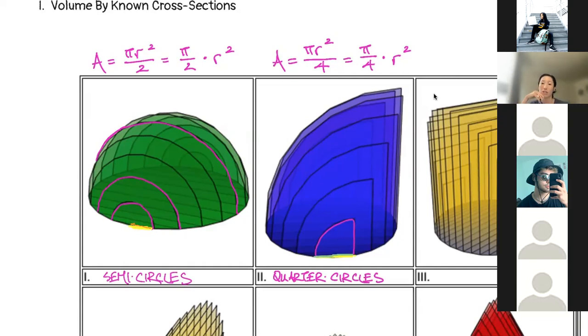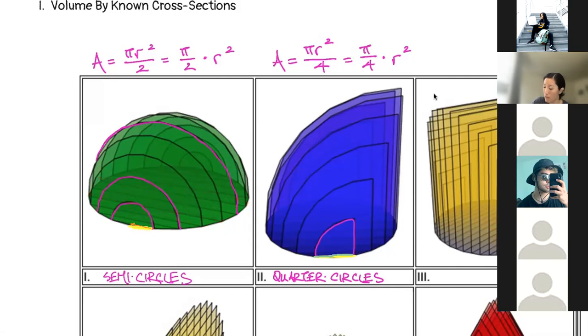So in the quarter circle. Now, in the first one, the green one, does this radius go all the way across the base? Like this radius right here, does this go all the way across the base?